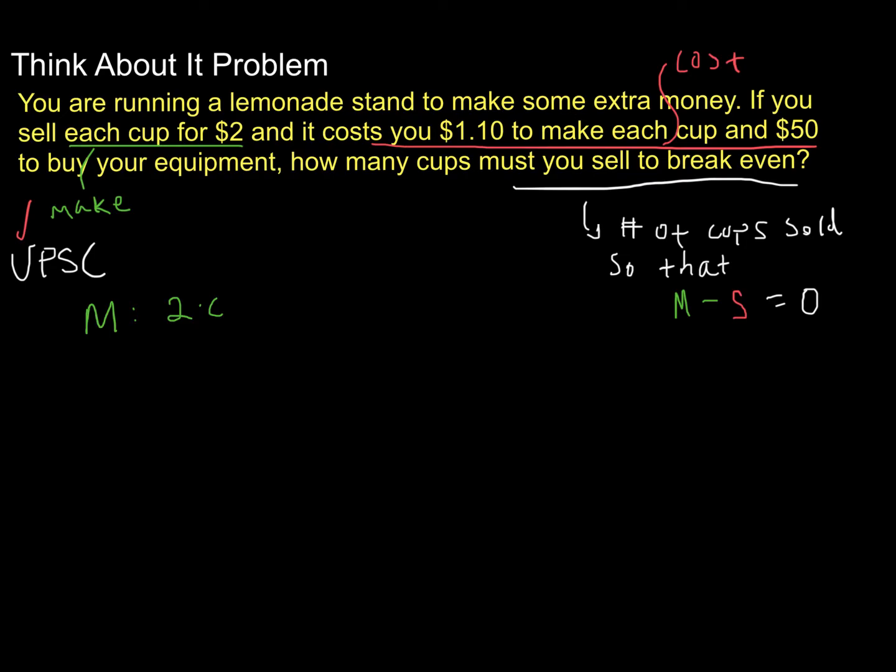And the amount that we spend, well, that's going to be $1.10 times the number of cups you sell, plus this $50 that you have to spend because that's your equipment. And so now we can set up an equation where we have the amount we make minus the amount we spend, and we set it equal to 0, and we solve for the number of cups.